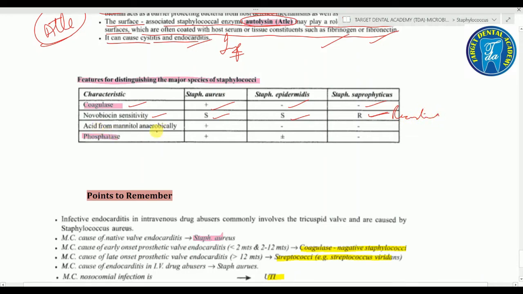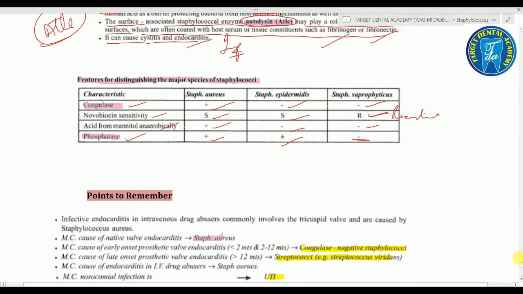Acid from mannitol anaerobically is positive in aureus, negative in epidermidis, and negative in saprophyticus. Phosphatase is positive in aureus and epidermidis, while it is negative in saprophyticus.